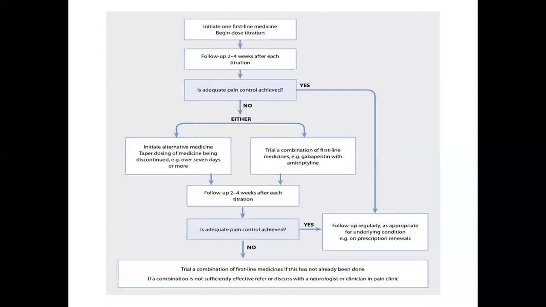Is adequate pain control achieved? If yes, we continue follow-up. If no, now you can introduce new drugs. If a combination is not sufficiently effective, you need to refer or discuss with a neurologist. Remember, you're dealing with neuropathic pain, or send this patient to the pain clinic. You have pain specialists, you can always send this patient. So of essence is the fact that it takes time, one, for the drugs to start kicking in their effect.